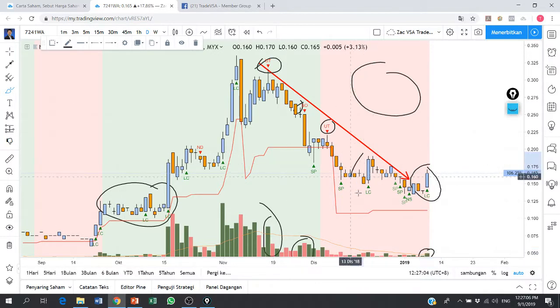Similarly here, this line change doesn't have any extremely high volume that supports that strength is coming in. So that's the reason why I don't think this is a very good entry.